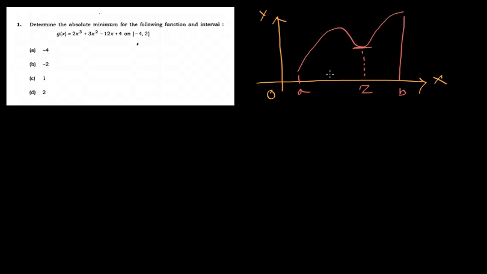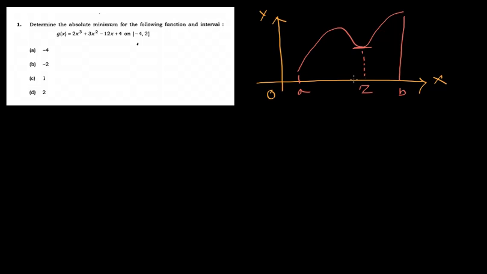So if we consider two different minima, at the point a we find a minimum which is known as the absolute minimum, because in the whole range a to b this is the most minimum point. And at point z we also find a minimum, but this is not the absolute minimum, this is a local minimum.